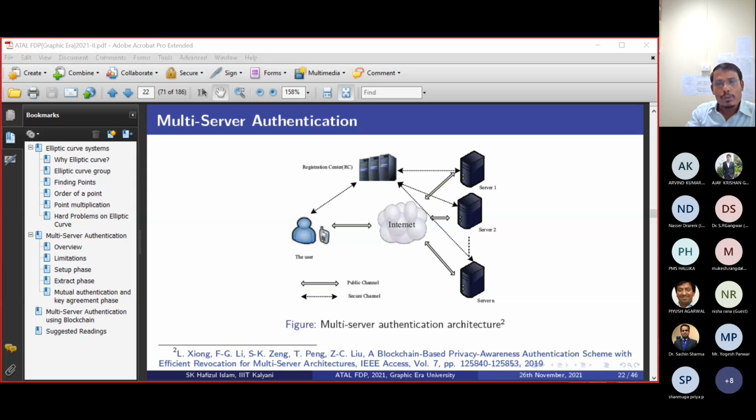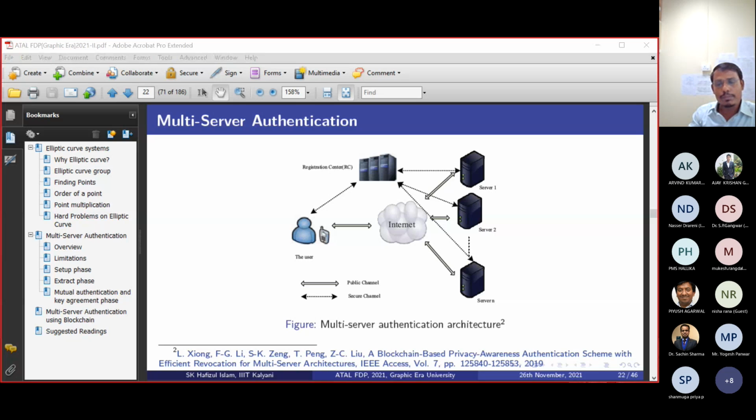I am the same client. Sometimes I access my email, sometimes I access this server to perform a financial transaction. Suppose there is another server S3 that helps you with an e-governance application.